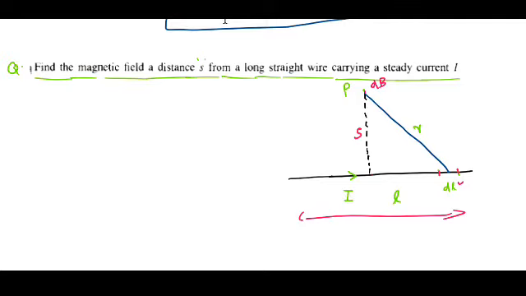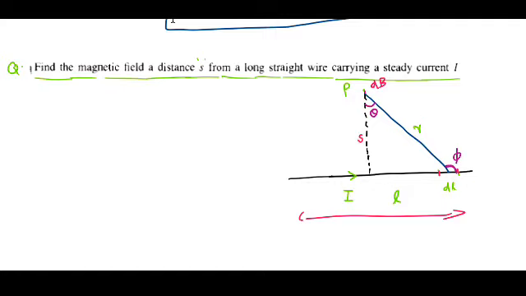Fine. Here the angle between this distance s and this distance r is theta. The angle between the small length element dl and this r is nothing but phi.